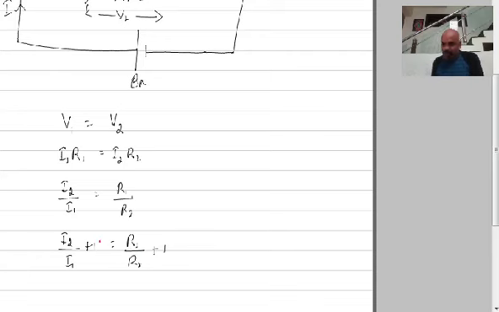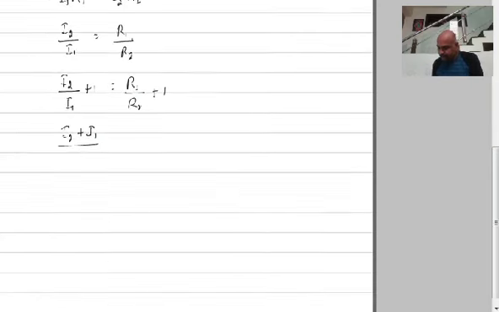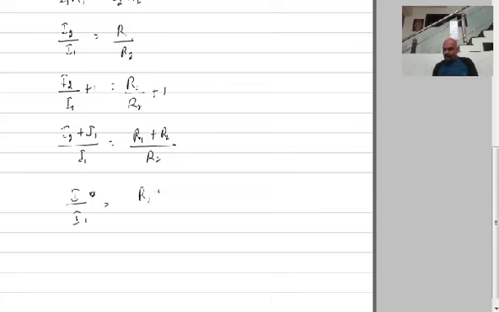Here, I2 plus I1 divided by I1 is equal to R1 plus R2 divided by R2. Now what is I2 plus I1? That is the total current I, the main current. So I divided by I1 is equal to R1 plus R2 divided by R2.